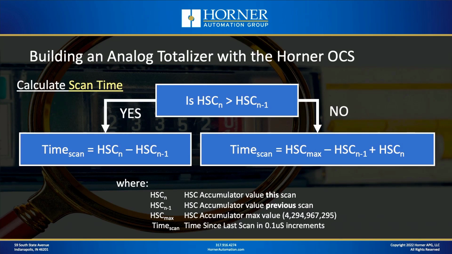We can tell if it's rolled over by checking whether our current reading is greater than our previous reading. If it is, we do the simple subtraction. If it's not, we have to do a slightly more involved calculation, but that's pretty straightforward, and I've shown it there on the right.